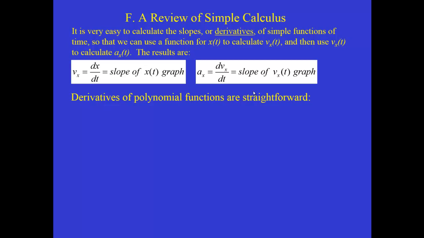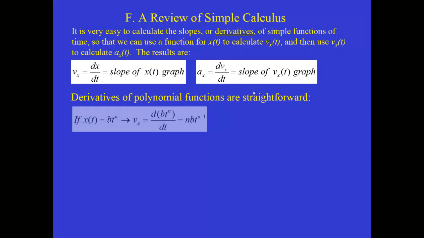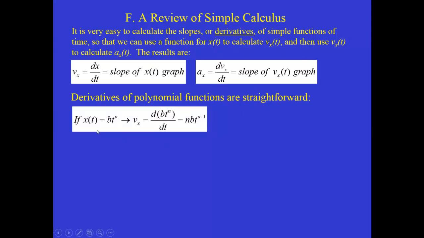And like I said, I'm not going to derive them or show you where they come from, but just show you the simple result that you will get to in a calculus course if you haven't done that yet. So imagine that we're given for an object, perhaps we've observed this object, and we have a simple function that describes its position as a function of time, where x of t is equal to some constant b times the time variable to the nth power.